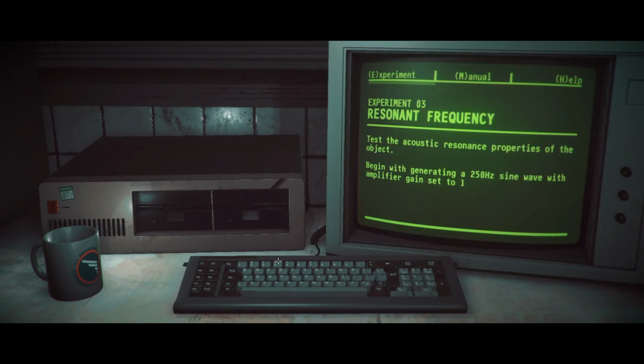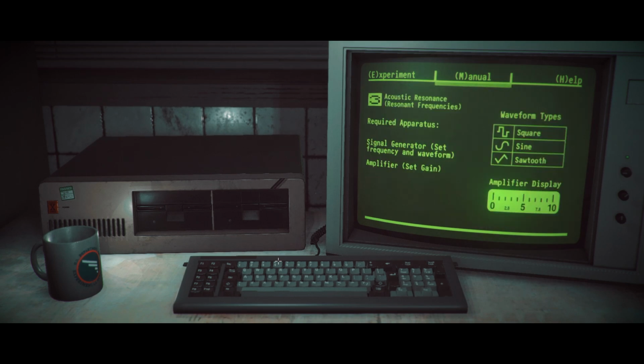Okay, experiment 03, resonant frequency. Test the acoustic resonance properties of the object. Begin with generating a 250 Hz sine wave with amplifier gain set to 1. Sine wave is the second wave there, so required apparatus, the signal generator, set frequency and waveform, amplifier set gain.